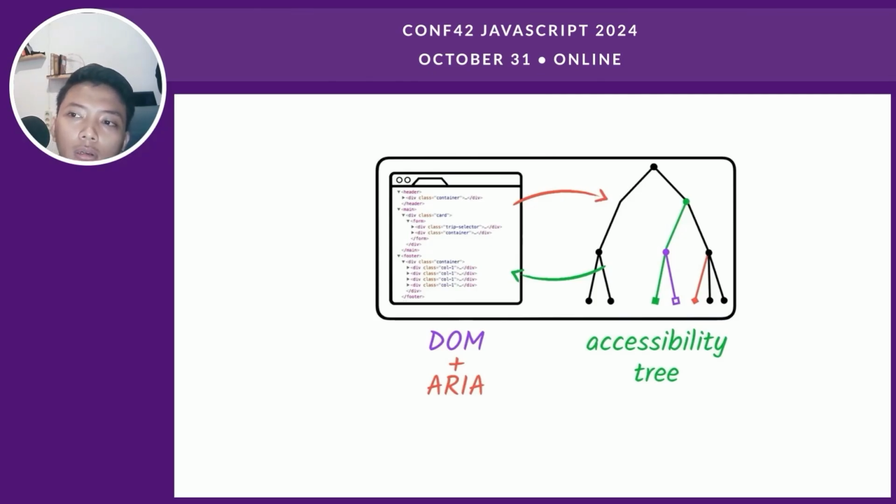Then the DOM tells the accessibility tree, hey, this div is a button, so make sure to treat this div as a button.